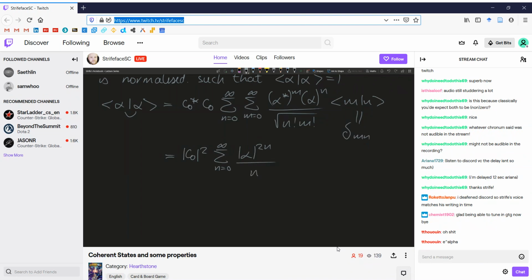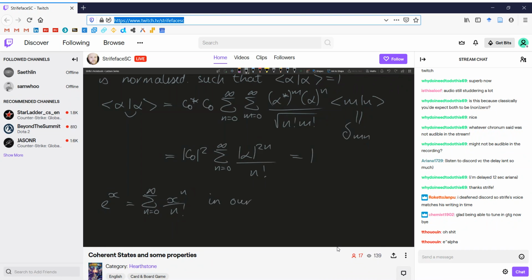I'm hoping some of you are looking at the expression, thinking it looks familiar, but to those who are not sure, we have e to the x is equal to the sum over n of x to the n over n factorial. In our case x is mod alpha squared.